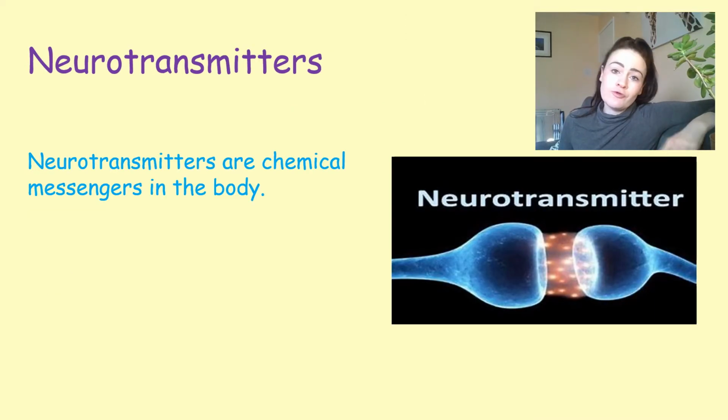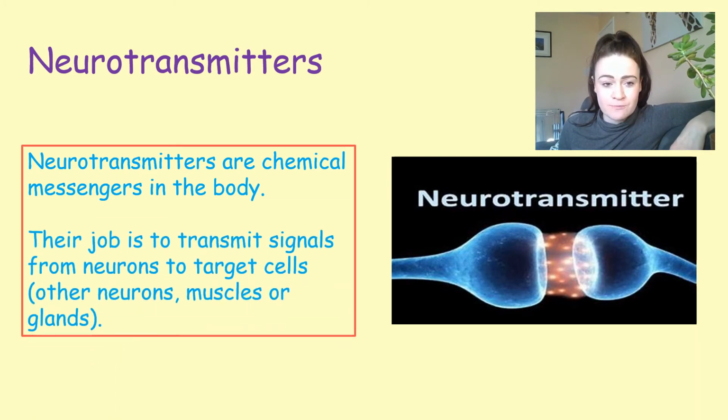But now we're going to move on from that and just look at neurotransmitters. Okay, so we've looked at the structure and function of our nerve cells. Remember, the electrical impulse is what travels down the nerve cell, but that electrical impulse cannot travel across the synapse, the gap between two neurons. We need chemical messengers, and those chemical messengers are our neurotransmitters.